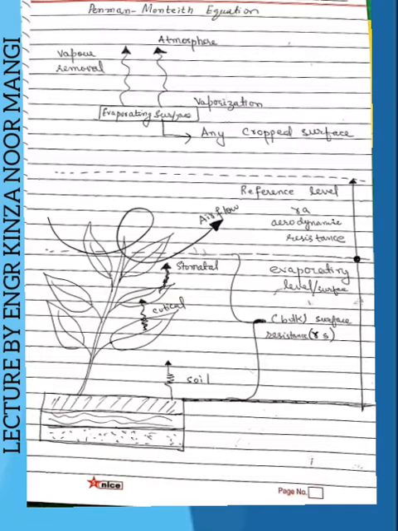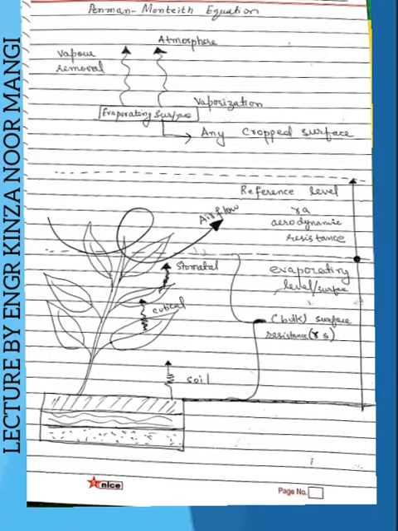Whenever there is not enough water in the soil, where less water is present, there will be a hindrance in the evapotranspiration. Why? Because there will be no water to evaporate. So that is a kind of resistance.